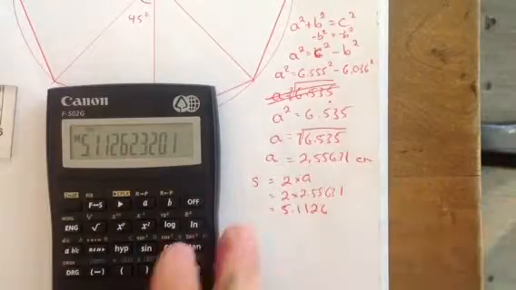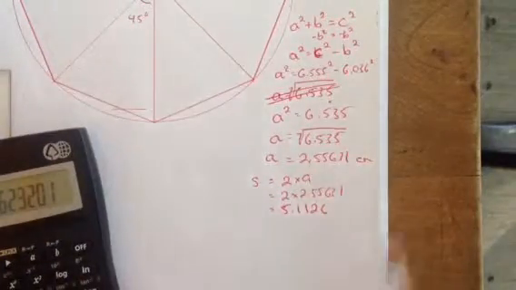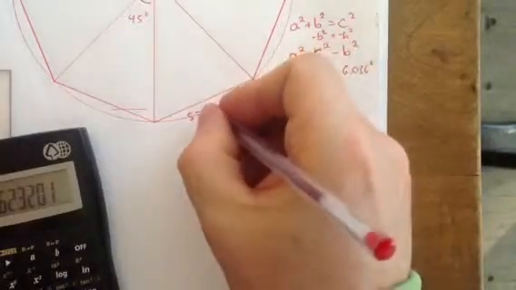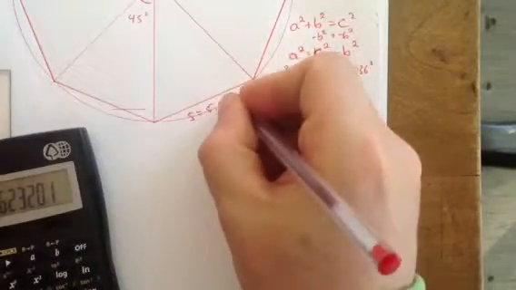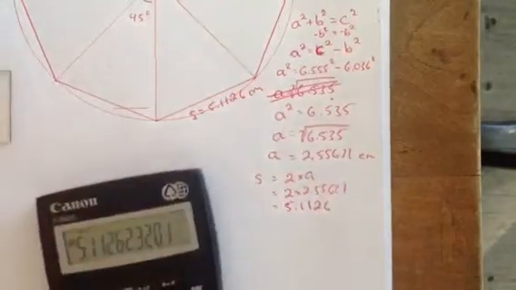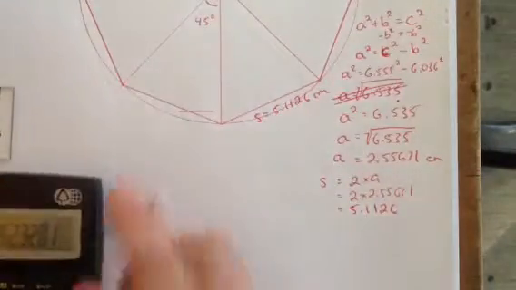Okay, so that is our side length. So side length is 5.1126 centimeters. All right, so let's figure out the perimeter and the area.